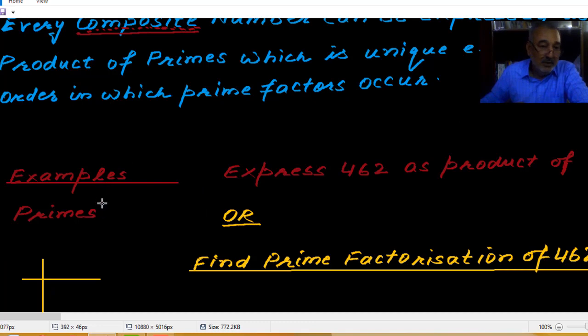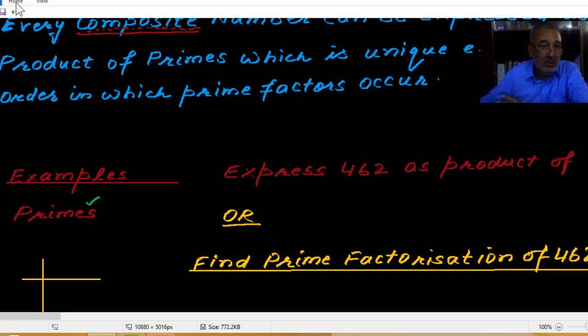Now I am taking some examples. If someone asks, express 462 as a product of primes, and this question can also be asked in some different language, or find the prime factorization of 462. Both the questions are the same. You have to learn this language.